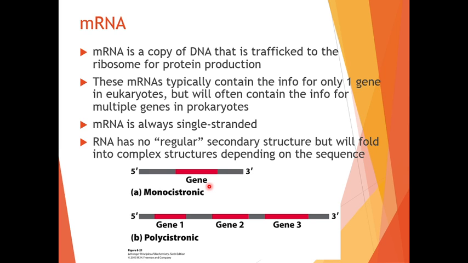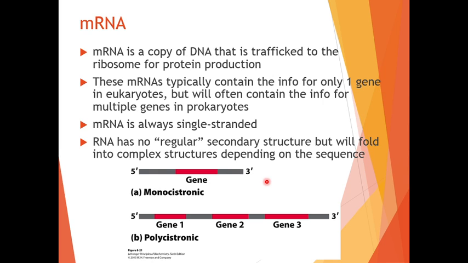If it codes for two or more different polypeptides, the mRNA is polycistronic. In eukaryotes, most mRNAs are monocistronic. But in bacteria and archaea, there are mRNAs that are polycistronic.